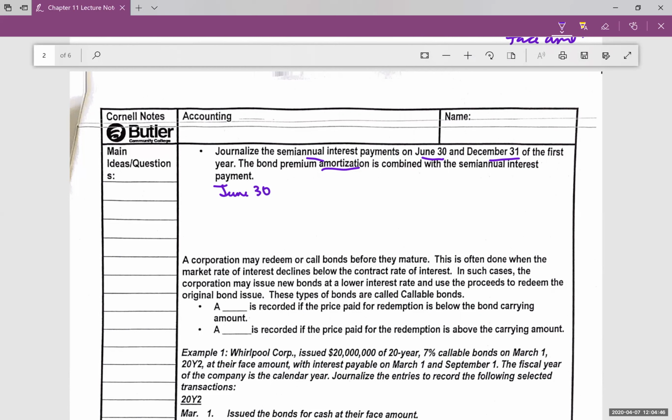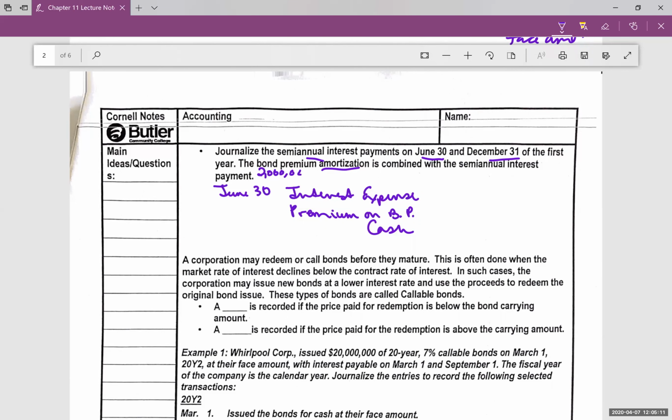June 30th, we're going to have our interest expense. Then we have a debit to premium on bonds payable. And then we have our credit to cash. So let's figure out, I mean, you'd have to go back and look, but let me give you the numbers.